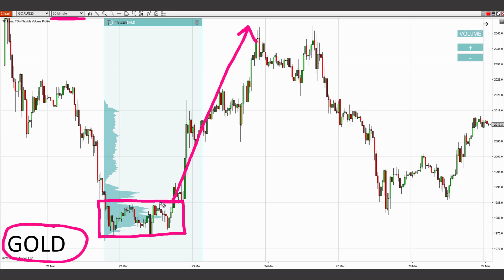They accumulate their positions in here. They need to do it slowly because they are huge, so they need to accumulate their positions slowly without getting noticed, but we see them on the volume profile. We see that something is going on here.